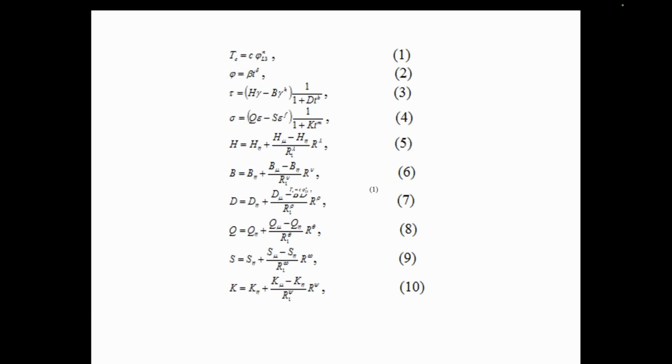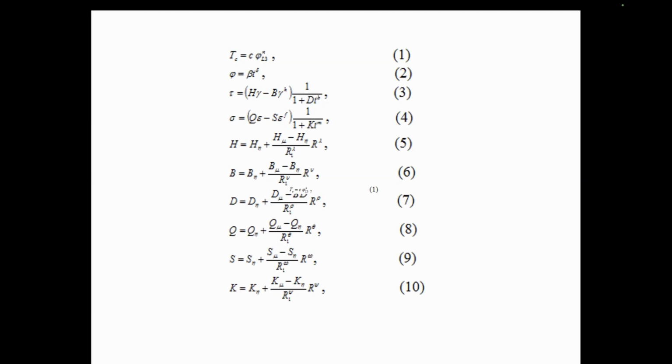The behavior of the shaft member L4, L5 under bending obeys the law number 4, where sigma is the normal stress, epsilon is the strain, Q, S, K, F, and M are material parameters.